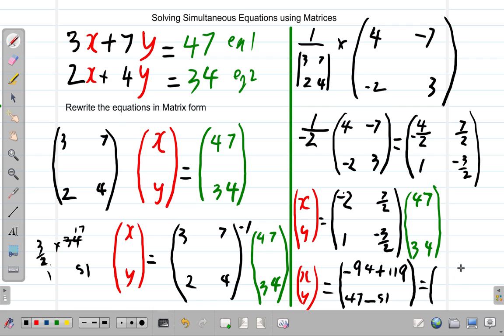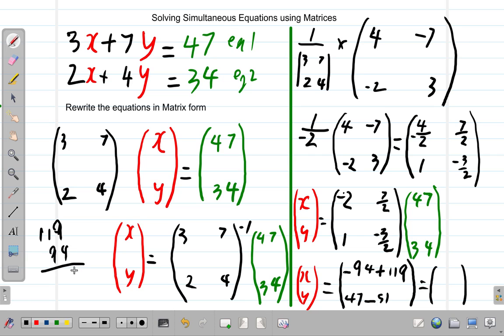Alright, so let's see what's going to happen. Negative 94 plus 119. What's that equal to? It's going to be the same as 119 minus 94.